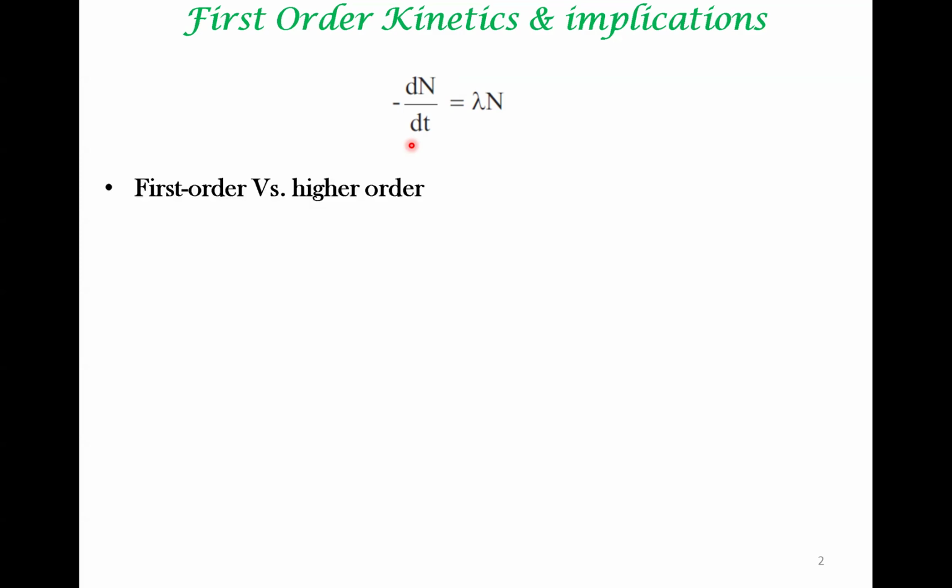For example, in chemical kinetics, when you have a rate law that is first order versus a rate law that is higher order, that has certain microscopic implications. So what does this suggest? The rate of change of radioactive atoms with time is not dependent on n squared.